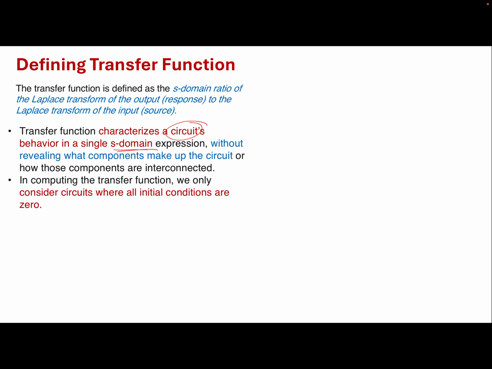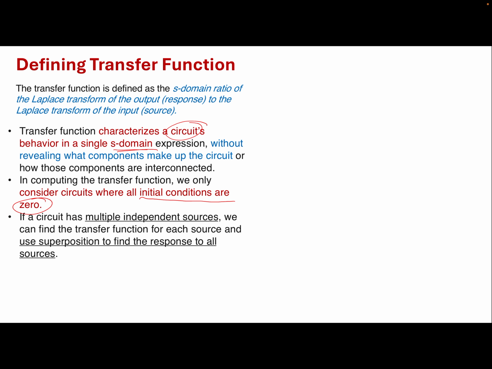And one more important thing, whenever we are doing transfer functions, we make this good assumption, making our life easier, that all the initial conditions are zero. And again, as I said, your circuit could have multiple sources, multiple voltage sources or current sources, and multiple independent sources. Any of them could satisfy your input requirement.